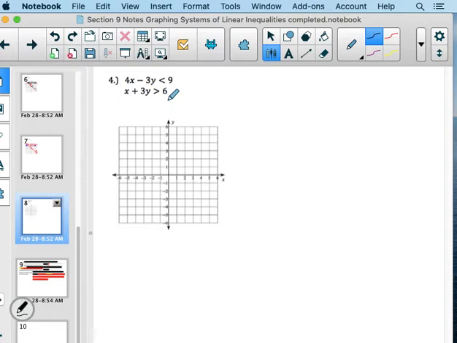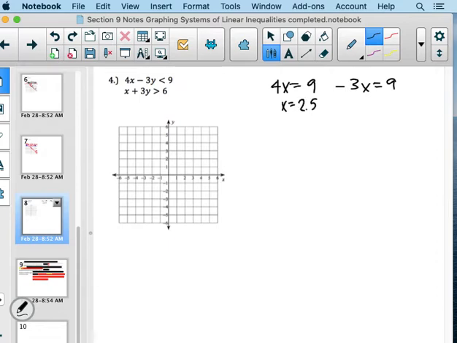So intercepts for this first inequality, I would have 4x equals 9 or negative 3y equals 9 to find my intercepts, right? Plug in 0 for y, it disappears. Plug in 0 for x, it disappears. When I divide 9 by 4, what do I get? It's a decimal. 2.5, right? We'll just estimate where that's at.